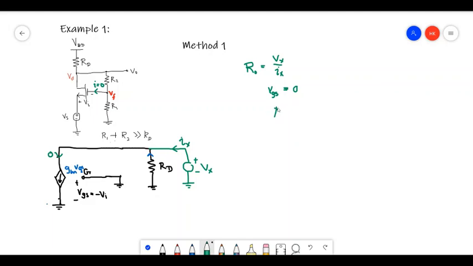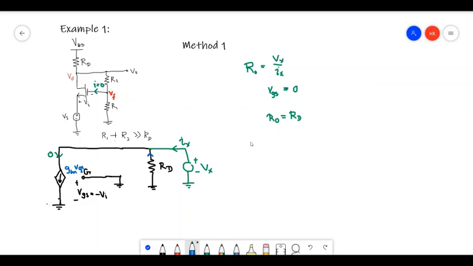So simply we can write the open loop output resistance is equal to RD. If we consider this parallel R out resistor here, the actual output resistance will be R out in parallel with capital RD, but simple R out is very large compared with RD, so we can approximately say that this is RD, right?